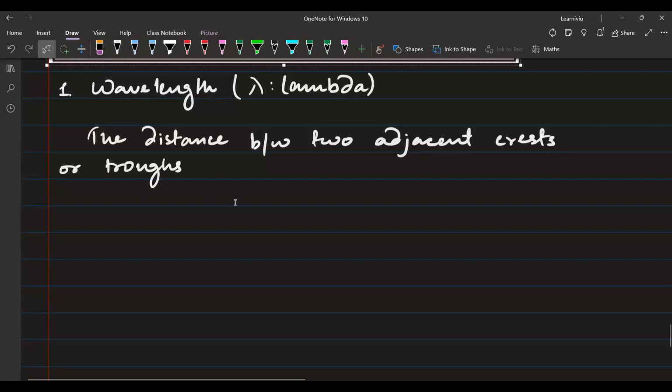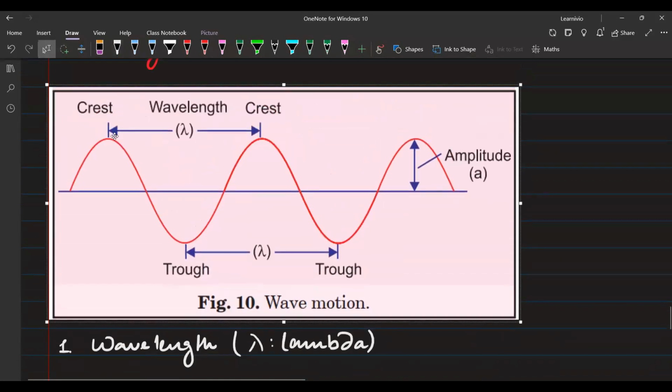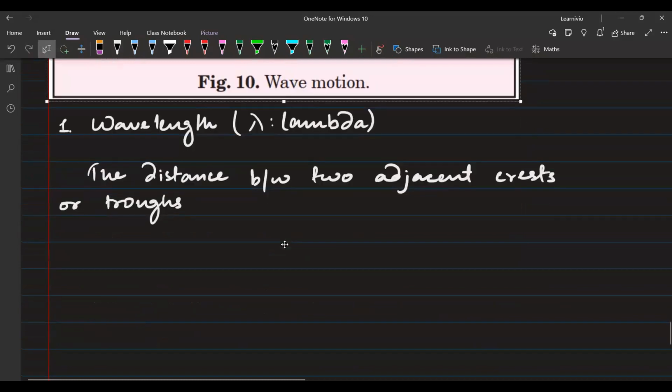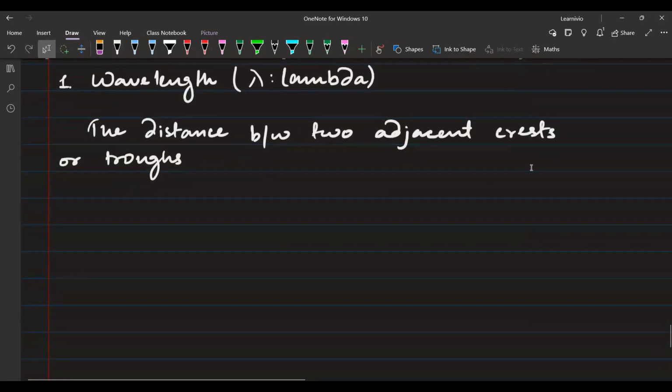Right? Because the distance between one crest and the adjacent crest is lambda. The topmost part of a wave is known as the crest, and the lowest most part of the wave is known as the trough. The distance between two adjacent troughs or crests is known as lambda or wavelength.